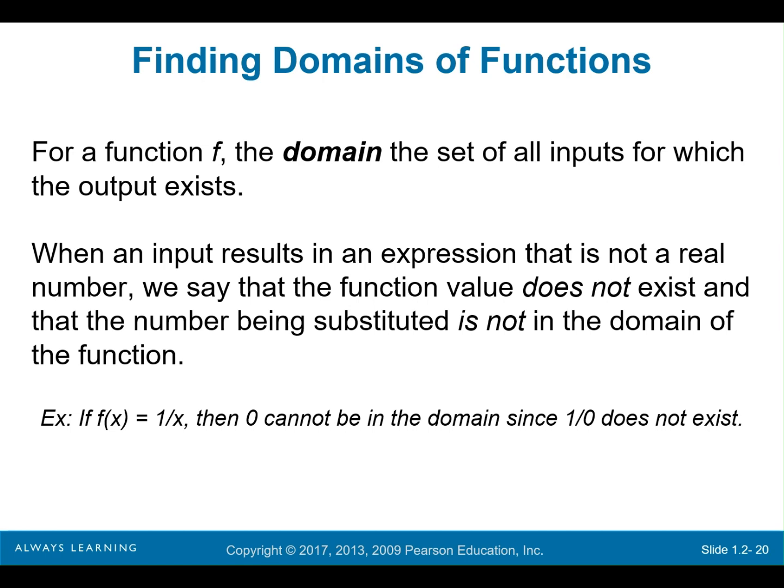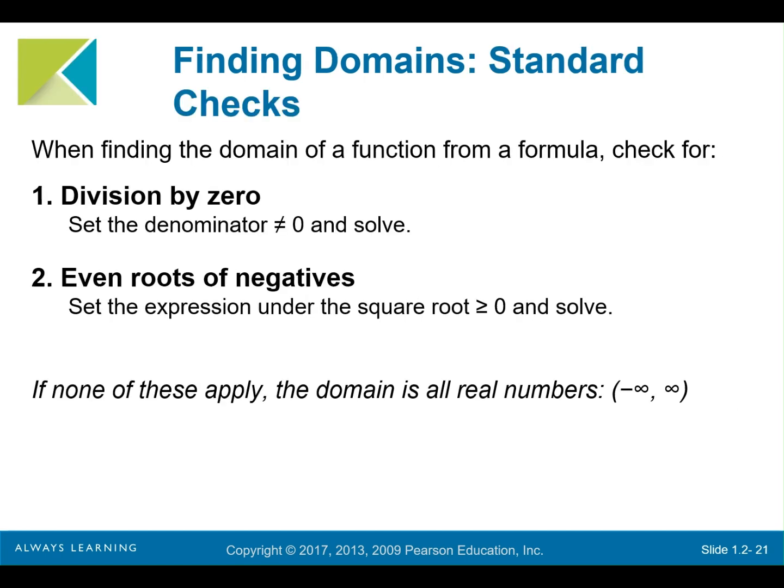So when an input results in an expression that is not a real number, we say that that value does not exist. And so that number cannot be in the domain. So a really quick example to bring this home is something like if my function is f of x equals 1 over x, then 0 cannot be in the domain since 1 over 0 does not exist.